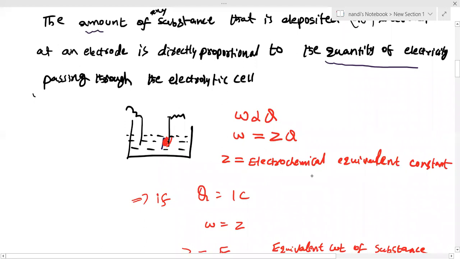Please note it down. Suppose Q equals 1 coulomb, since I am measuring the charge of electricity in coulombs. If Q equals 1 coulomb, then W equals Z. Z has another formula: Z is constant, Z equals E by F.